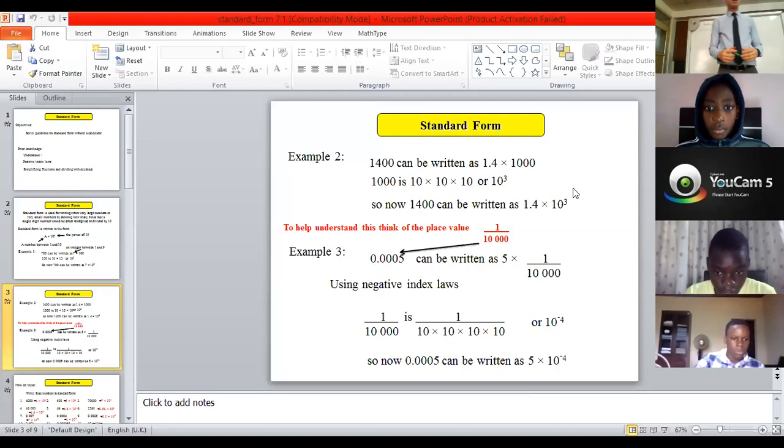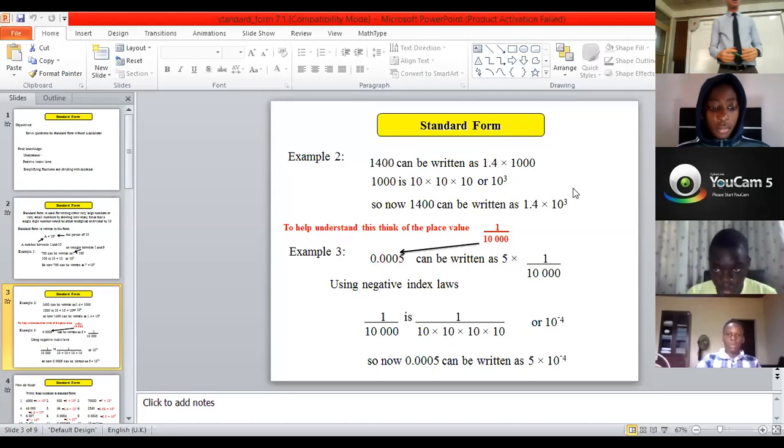Now, what if you have a decimal number like you have on the screen? What you have is 0.0005. You can see how we have translated it into 5 multiplied by 1 over 10,000, which is the same thing as 5 over 10,000.